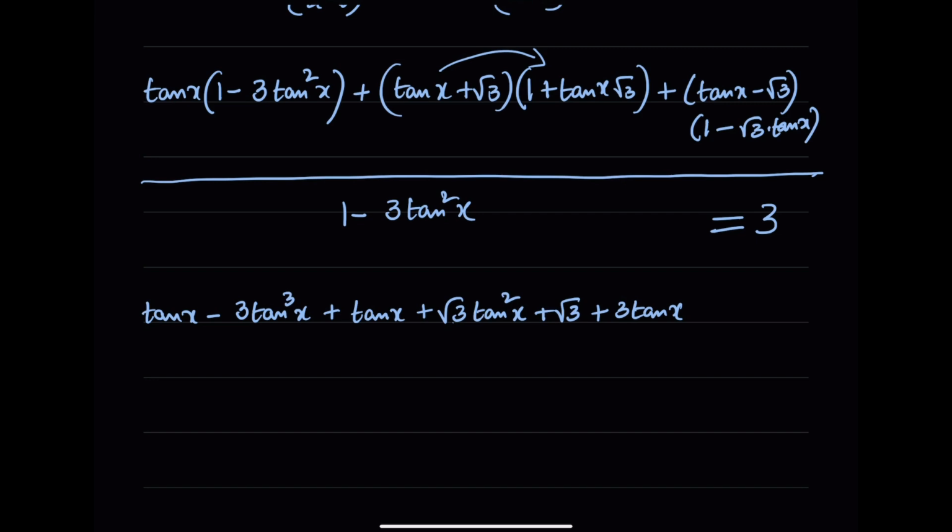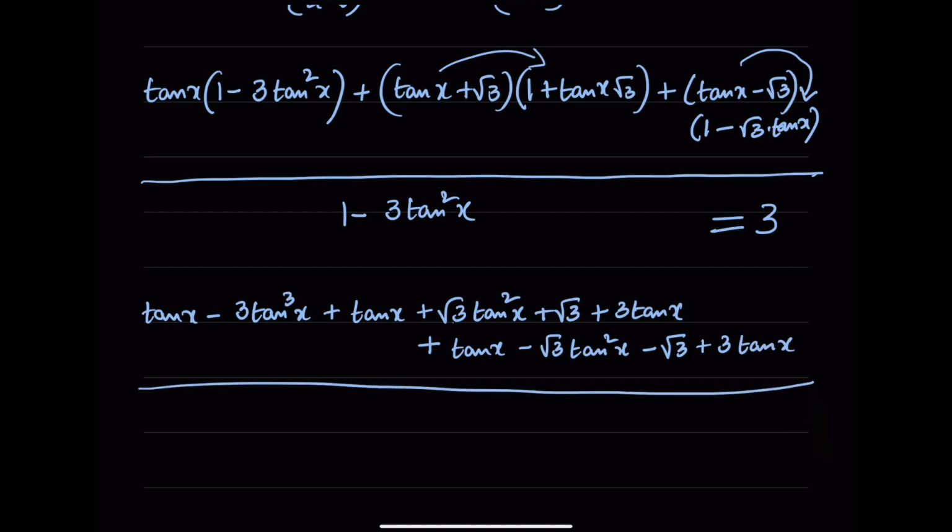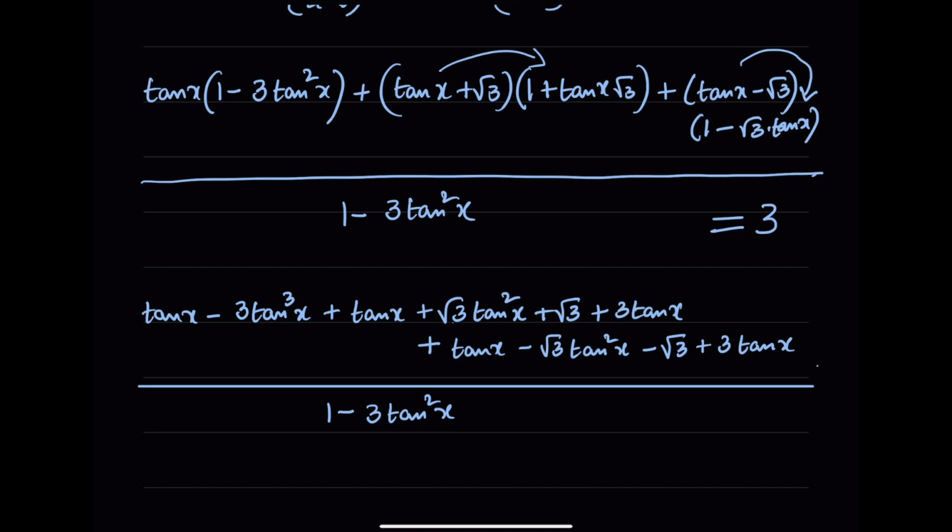Then let's multiply this with this, I would write it in the next line here. Tan x minus square root of 3 tan square x minus square root of 3 plus 3 tan x. This whole thing divided by 1 minus 3 tan square x, and this whole thing is equal to 3.